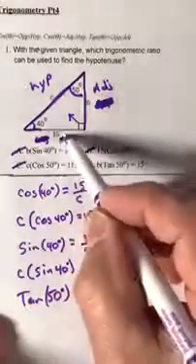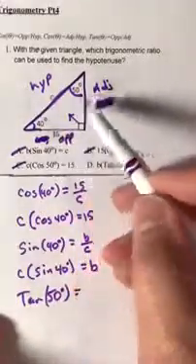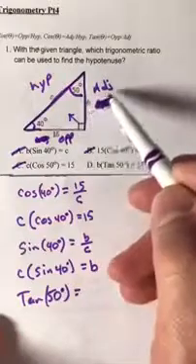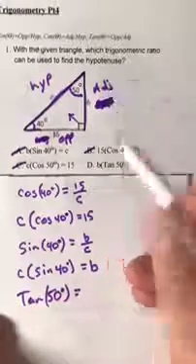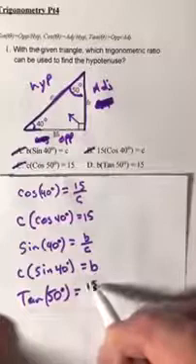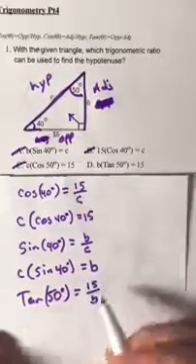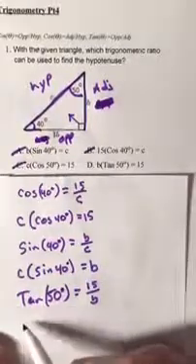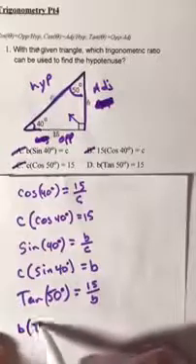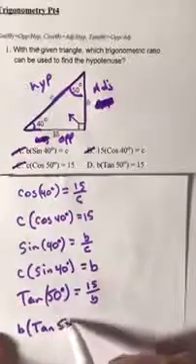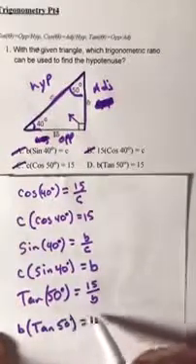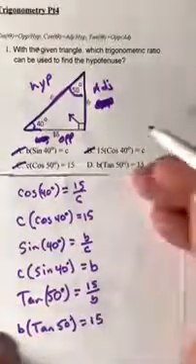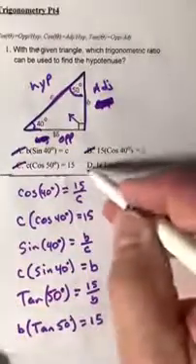This is my opposite from that angle. So opposite divided by the adjacent would be 15 over b, and then take this to the other side and multiply. So b times tangent 50 degrees is equal to 15. So that would be the correct answer, D.